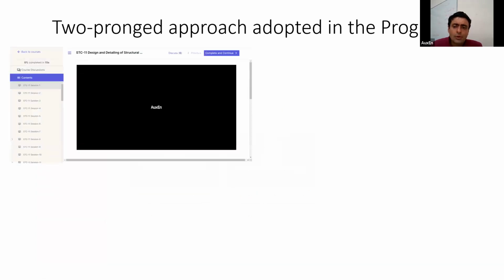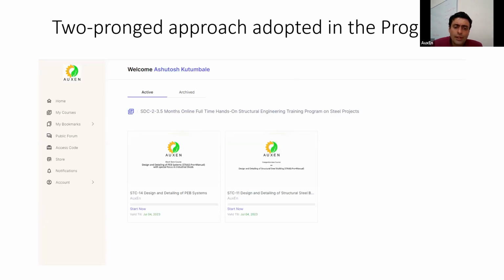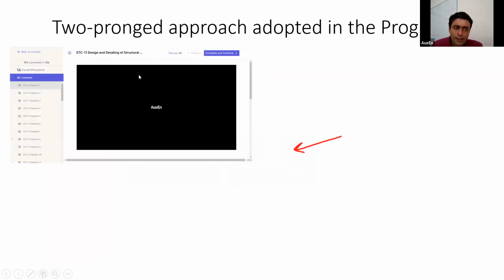This is how your courses look when you click on the portal. On clicking here, you will be redirected to this type of window, and here you can watch all the sessions. All the sessions are available to be watched. I think there are some 47 or 48 sessions in the STC-11 course, which was a detailed course on steel design.